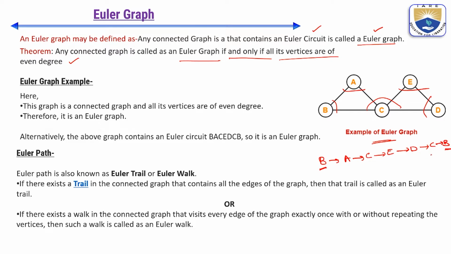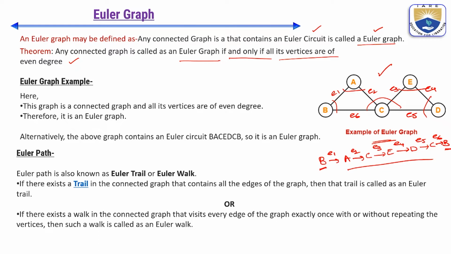It is a closed walk in which all the edges are covered. Suppose we take E1, E2, E3, E4, E5, E6: first E1, next E2, next C to E is E3, next E to D is E4, D to C is E5, and C to B is E6. See, all the edges which the graph has are covered. So we say that this is an Euler circuit, and subsequently we can say that the graph is an Euler's graph.